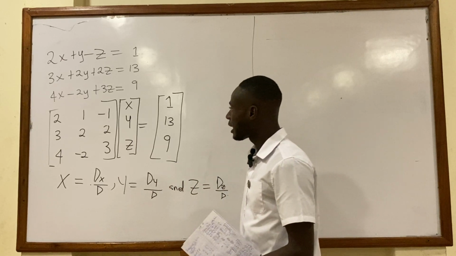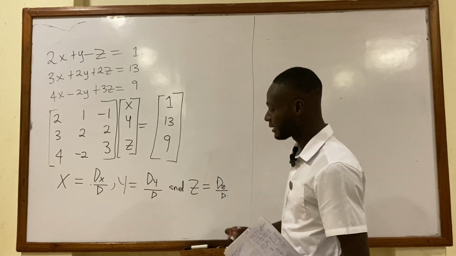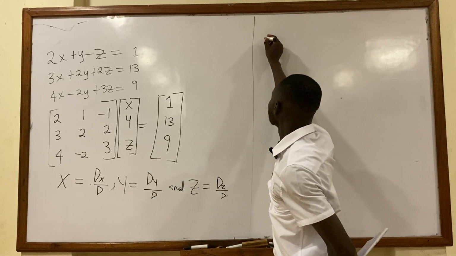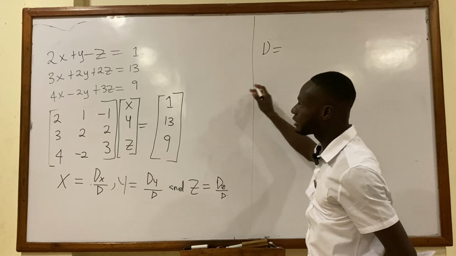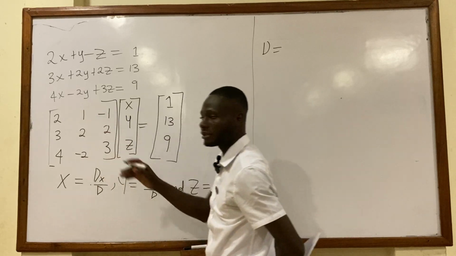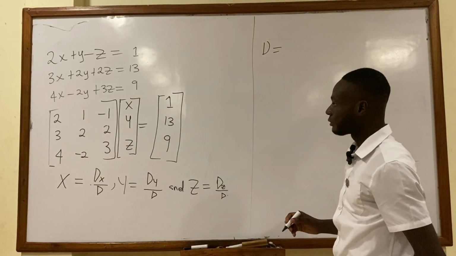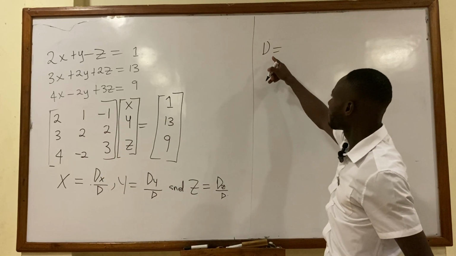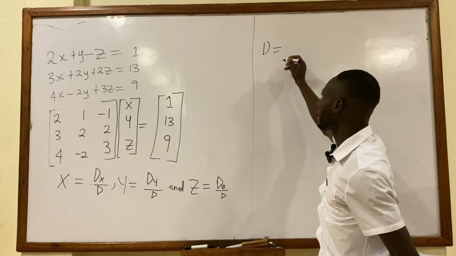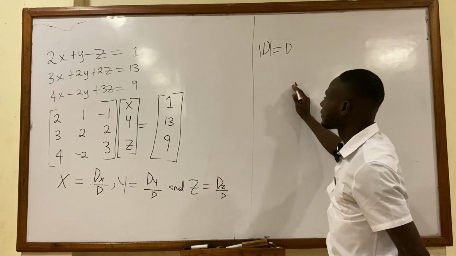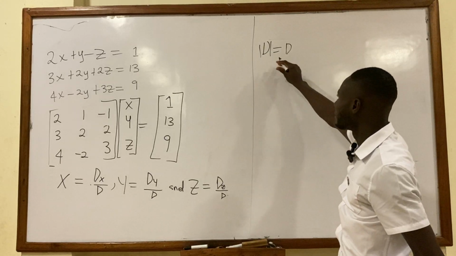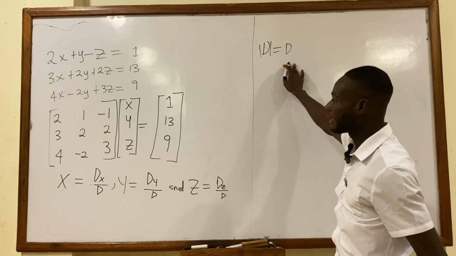Good. So now how do you find the d? The d is equal to the determinant of this 3 by 3 matrix. All right. So we have the determinant of this 3 by 3 matrix, and that is equal to the d. I'll tell you why it is equal to the d right now.